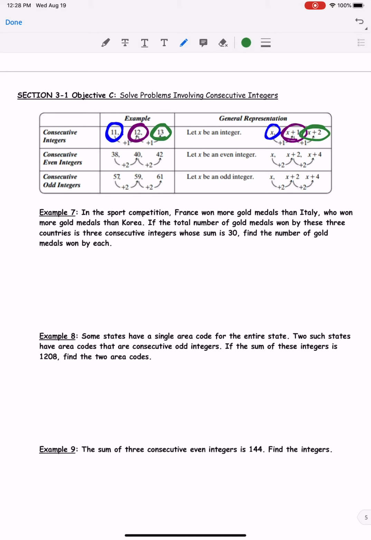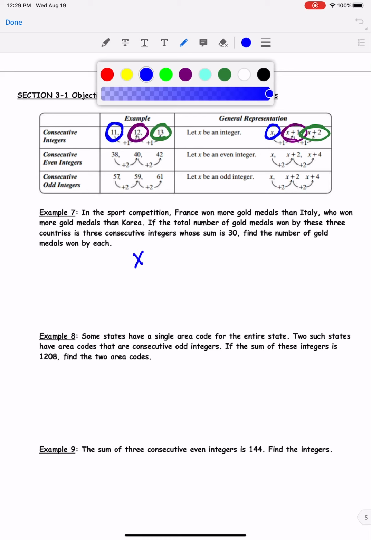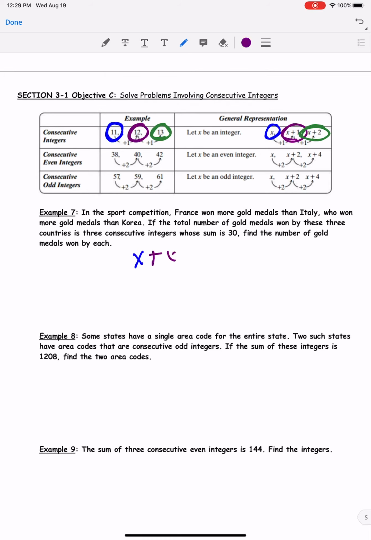Okay, again, if you say that we have x and then x plus 1 and then x plus 1 again, these two numbers here are not consecutive. They're the same numbers. Because let's say we call this one 20.